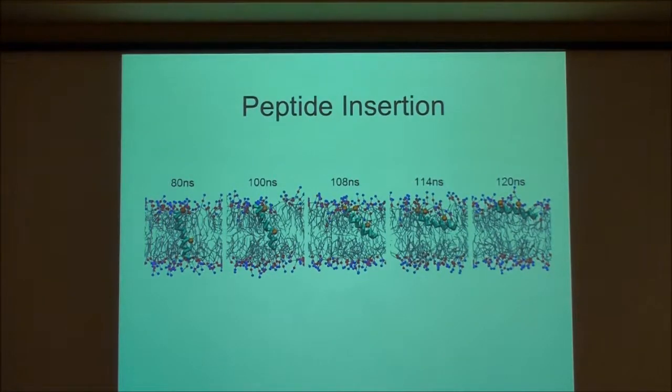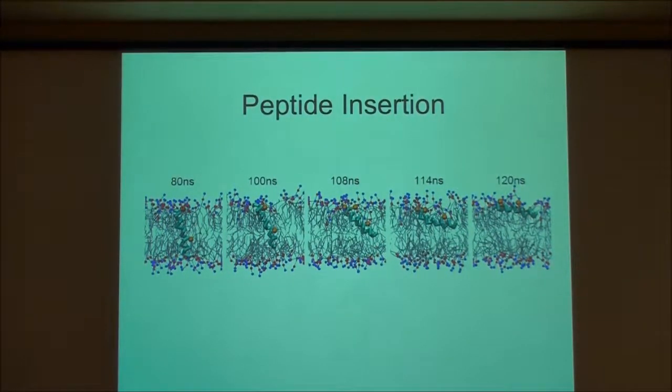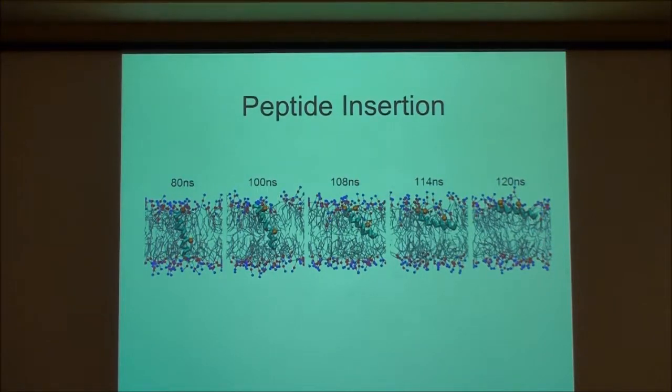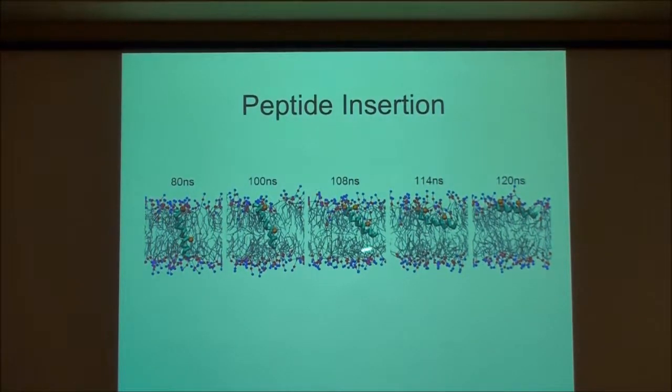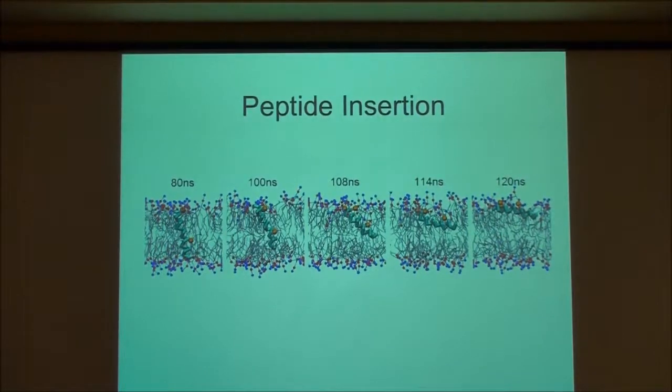So these time scales are not really the real time scale associated with the transition in the real world, but we can qualitatively describe them. You can see the helix actually goes across the membrane, comes to the surface, and in some cases goes back, which nicely agrees with experimental data suggesting that you have a mixture of different states for this protein in the membrane.